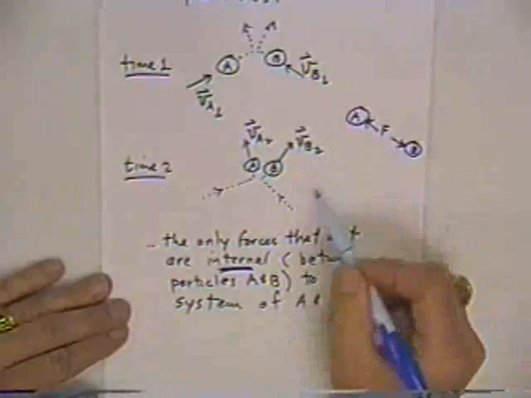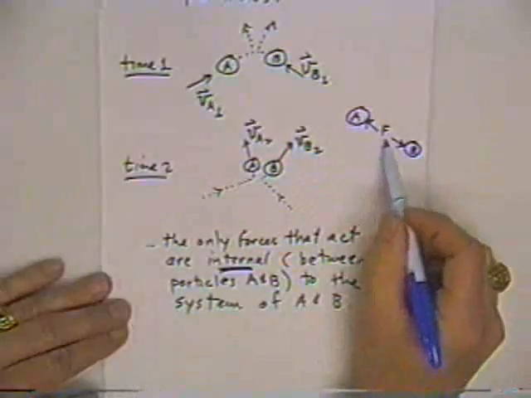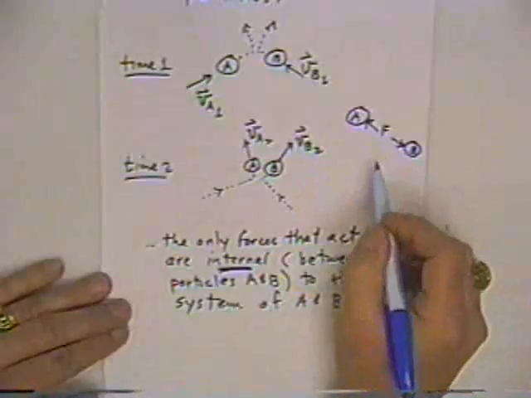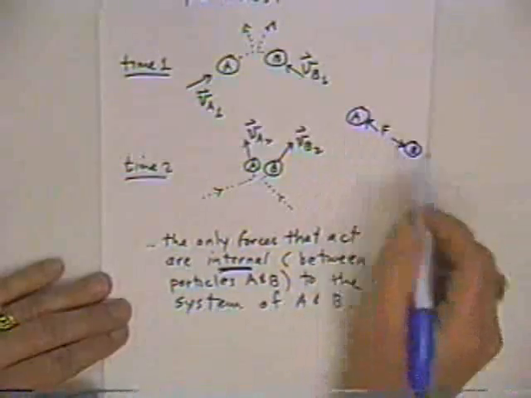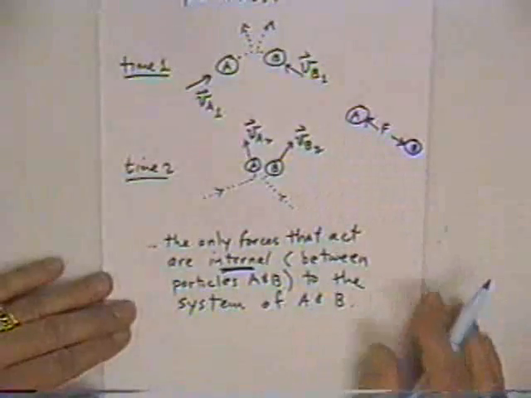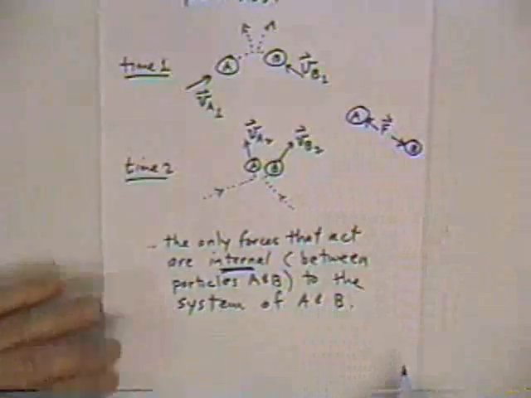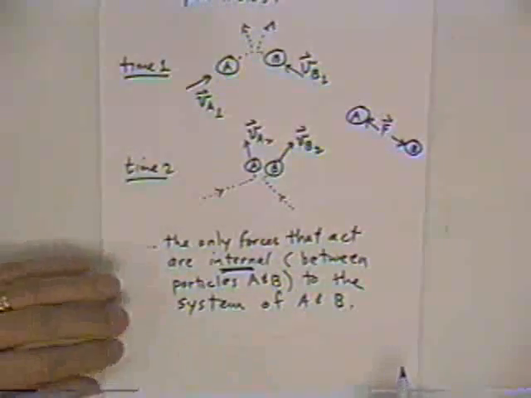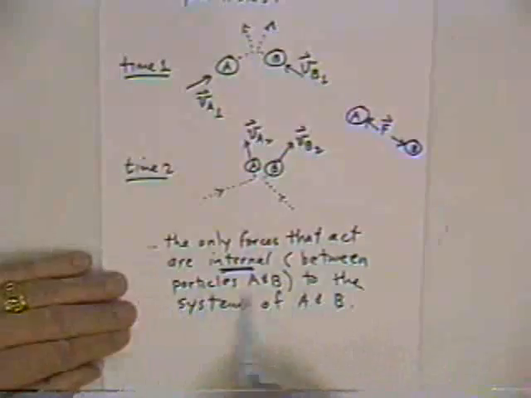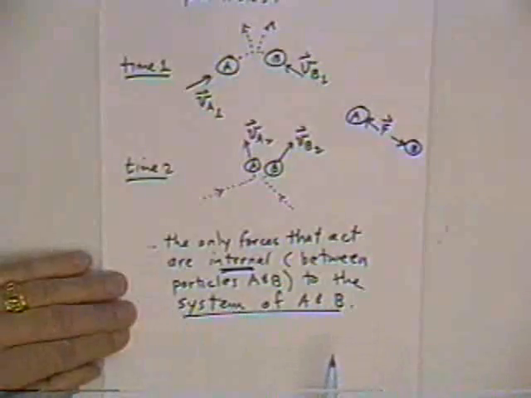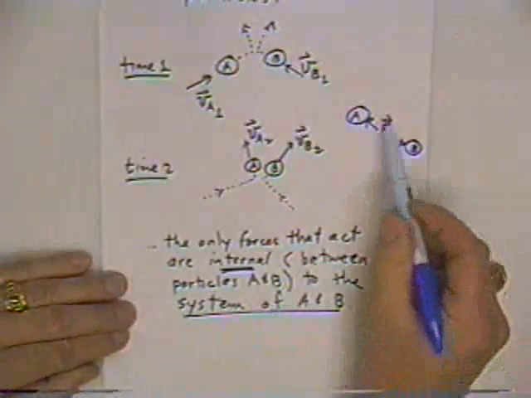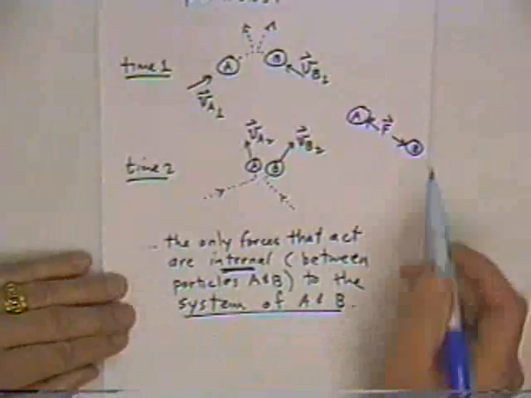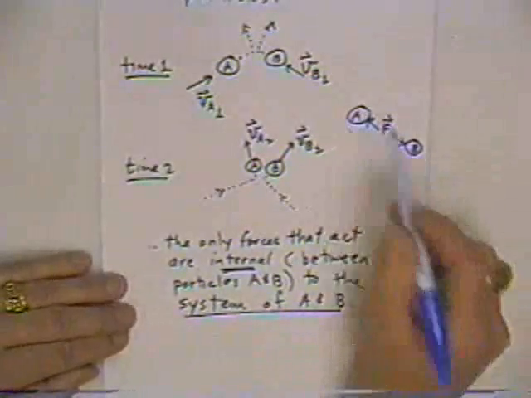So if we were looking at A or looking at B, we would have to include this force F, and it causes an impulse on A and an impulse on B that are equal and opposite, this being a vector, equal and opposite vectors. But if we consider particles A and B together as a system, that force is internal to the system of particles, and there's no impulse due to F on the system.